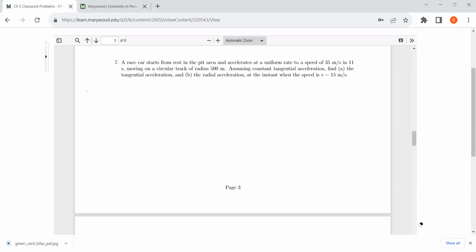One is radial or centripetal acceleration, and another is tangential acceleration. Here it asks us to calculate both the tangential acceleration and the radial acceleration. If you remember, the equation for the tangential acceleration is delta v over delta t, and delta v is the change in velocity, final velocity minus initial velocity.